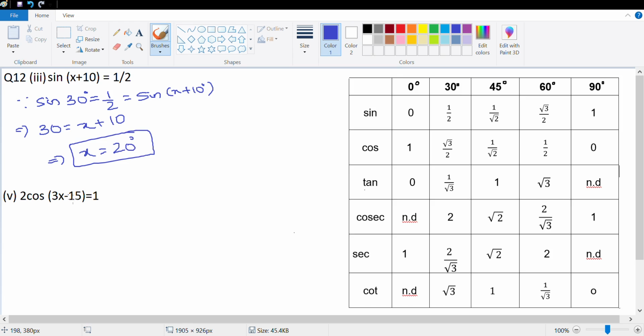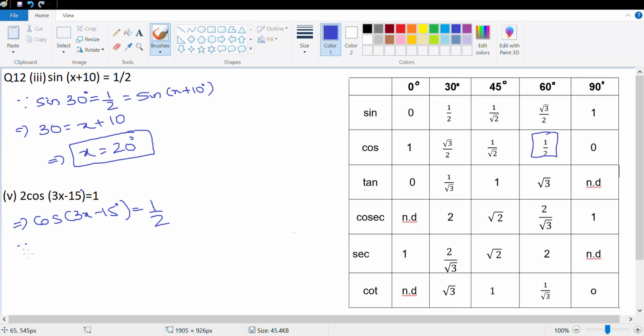Let's look at question 12, part 5. It says 2 cos 3x minus 15 is equal to 1. So this means cos 3x minus 15 degree is equal to 1 upon 2, and cos 60 degree is equal to 1 upon 2.